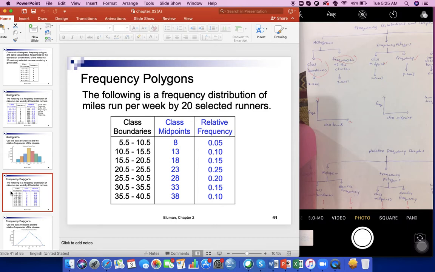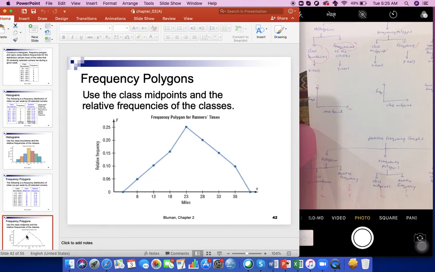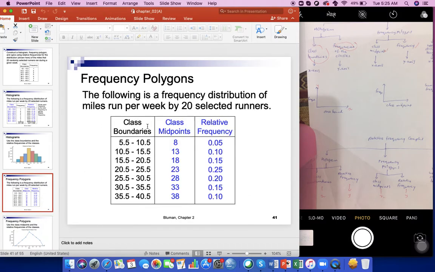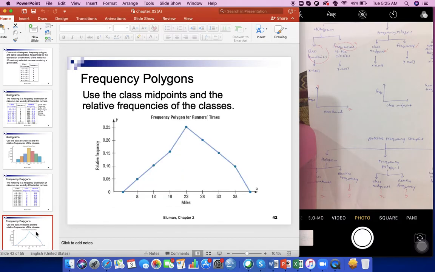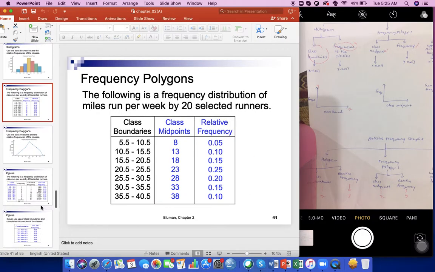How about the frequency polygons? For frequency polygons, we use the relative frequency for the y-axis and the class midpoint for the x-axis. So when you draw your frequency polygon, you will get class midpoint 8 with 0.05, 13 with 0.10, and so on.